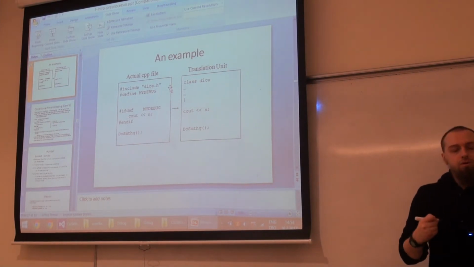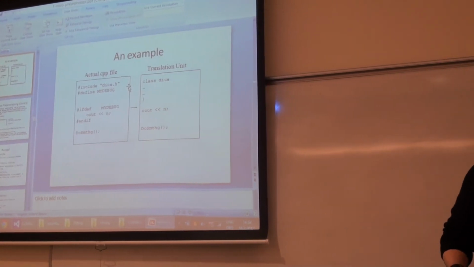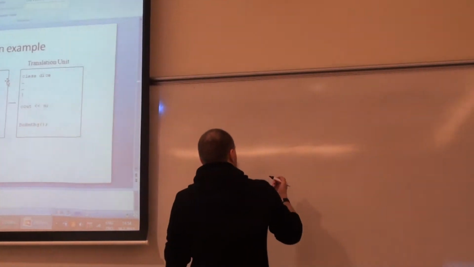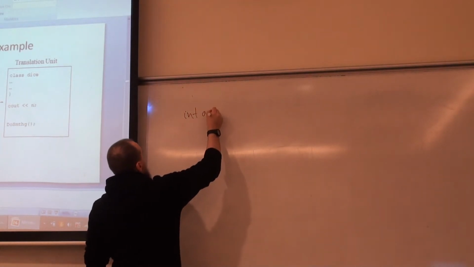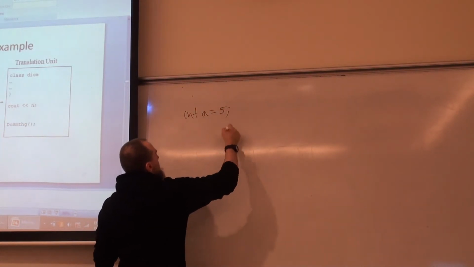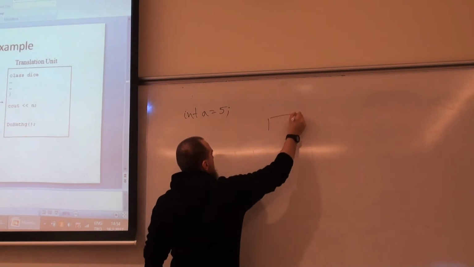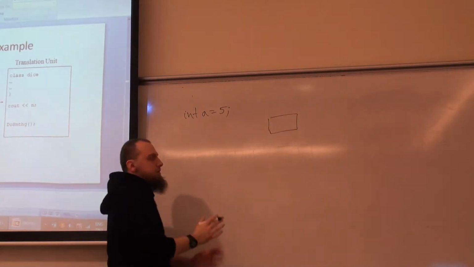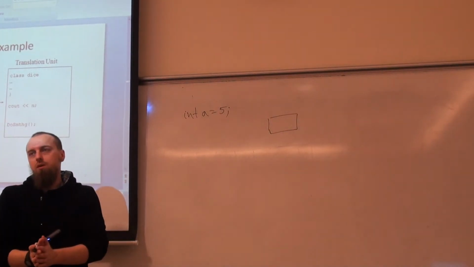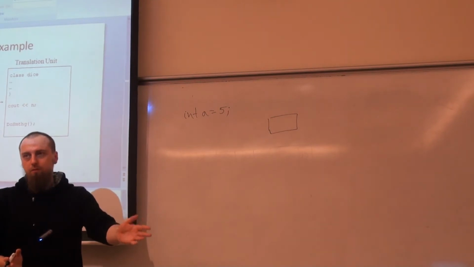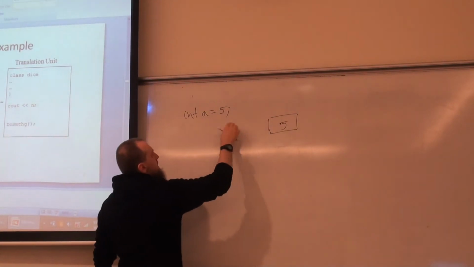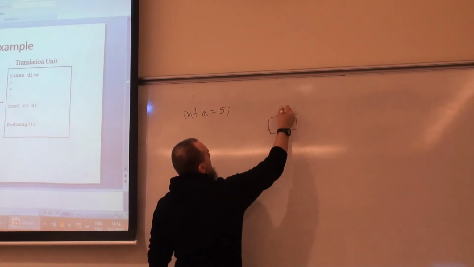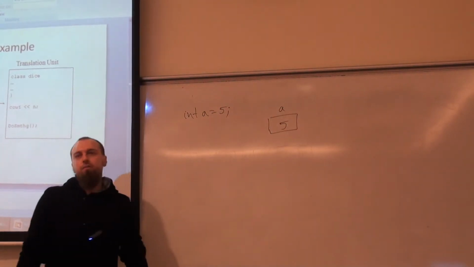But what are pointers? Let me tell you very briefly. When I define an integer, let's say a equals 5, automatically a piece of memory will be reserved in the RAM by the compiler. It will be of integer type. Its name is going to be a, and its value is going to be 5.